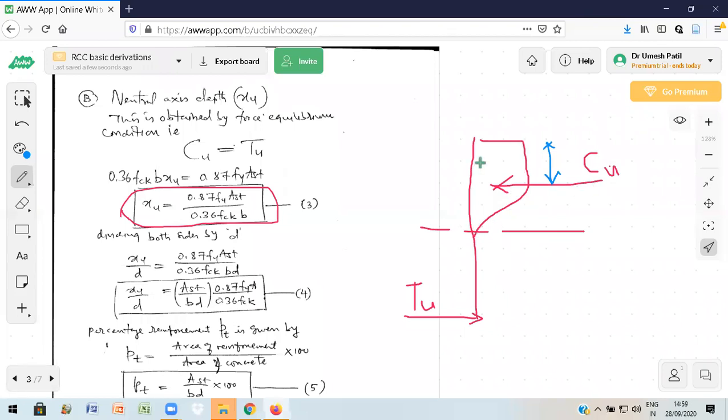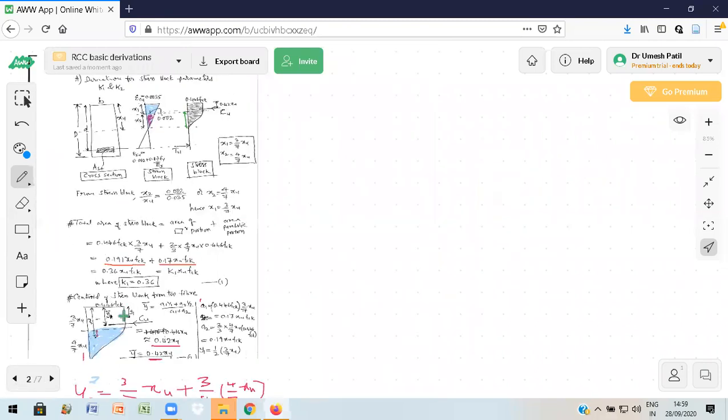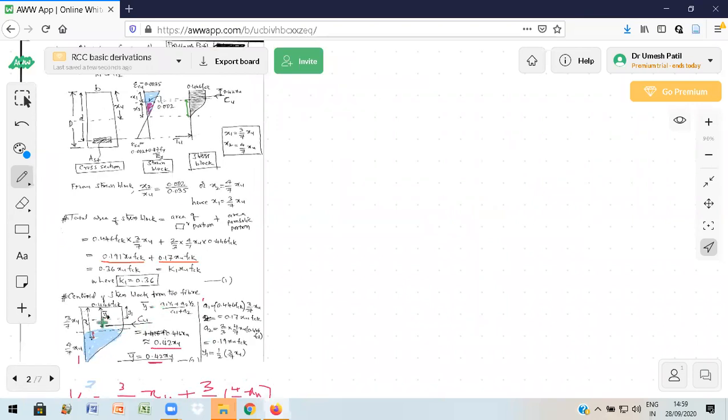That is why the centroid is calculated. Why was this exercise done? This entire thing was required because I wanted to find out where this total compression will act. The total compression will act through the centroid of the entire stress block.